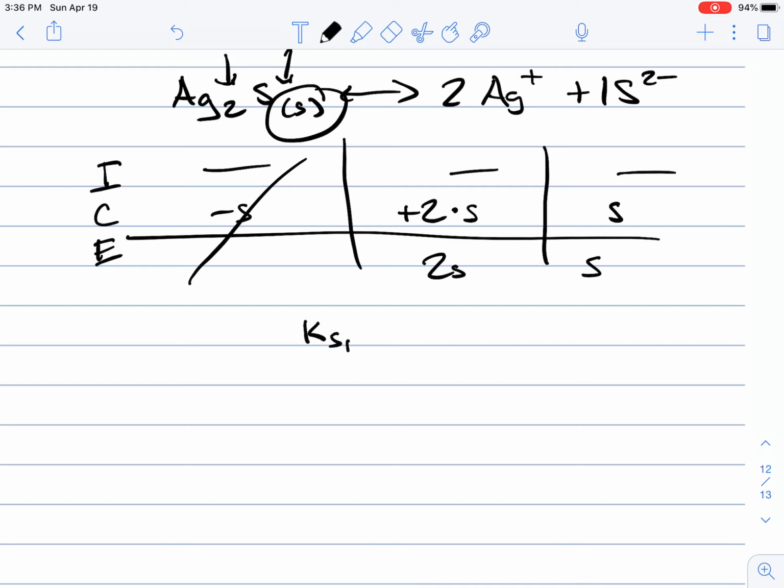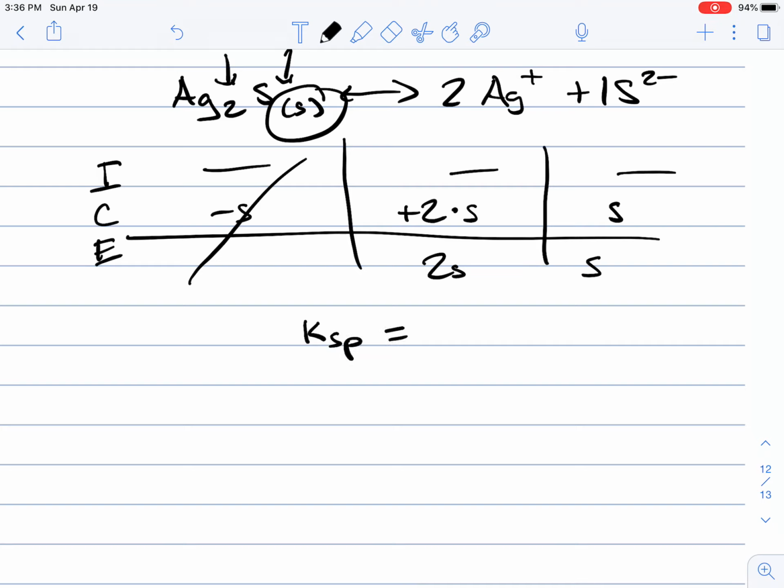And so when we build our mass action expression, it's just products over reactants, but since the reactant is a solid, that's completely ignored.